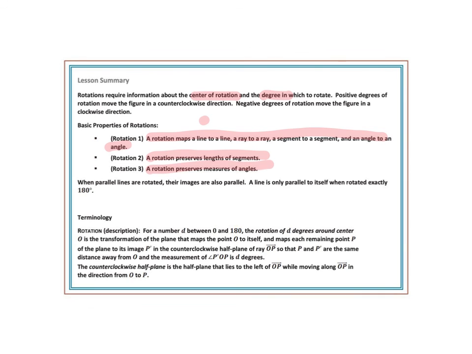A few things you need to know when you do rotate: direction, center. You need to know which center you're rotating around, and the degree. Okay, so when you talk about a rotation, you want to talk about what's being rotated, what direction it's going in, what is the center it's rotating around, and how far you're rotating. What's that degree? Okay.